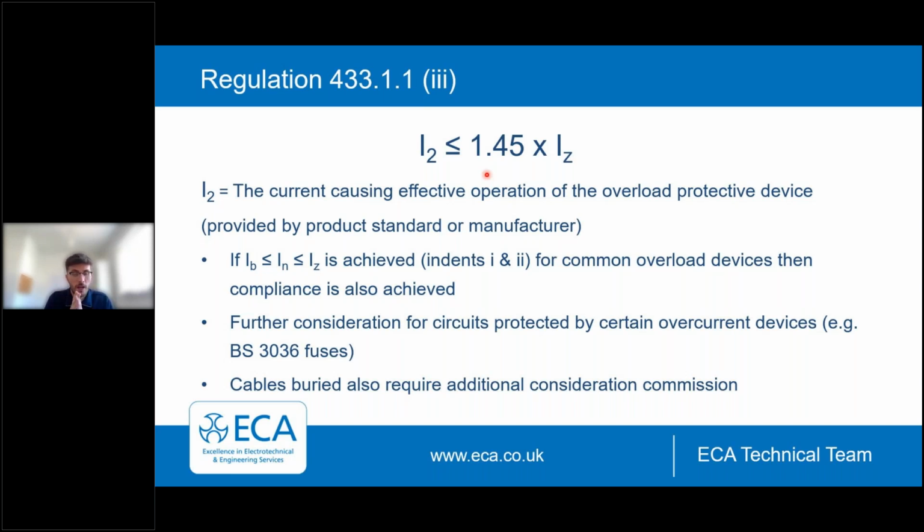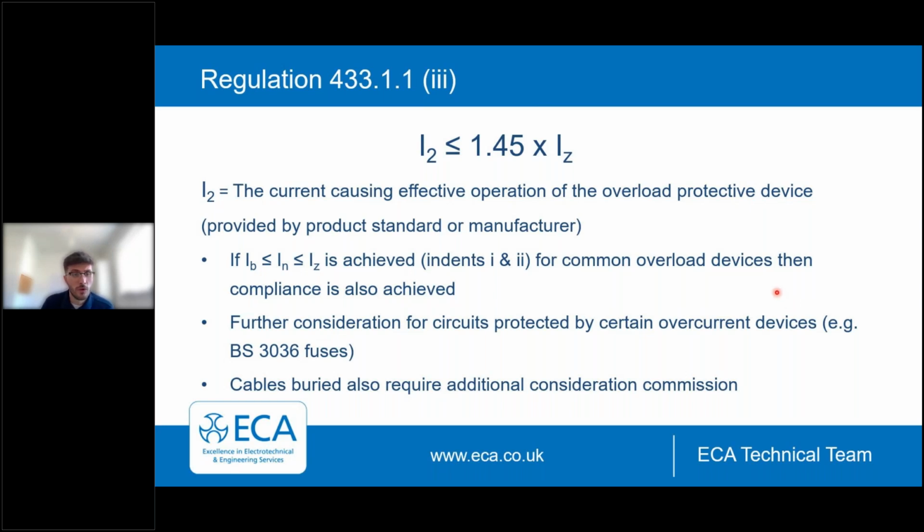So if your circuit is protected by, for example, a circuit breaker to BS EN 60898, providing you fulfil indents 1 and 2, the previous formula that we've just been through, then compliance with indent 3 is also fulfilled. That applies to circuit breakers, and it also applies for certain fuses, and that's detailed within 433.1.201.